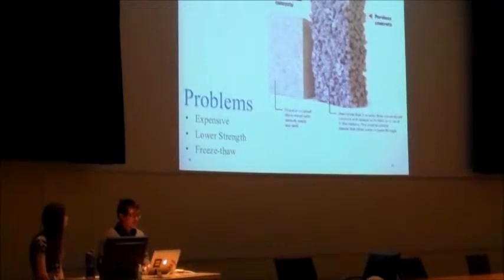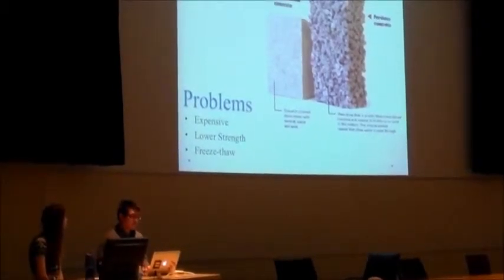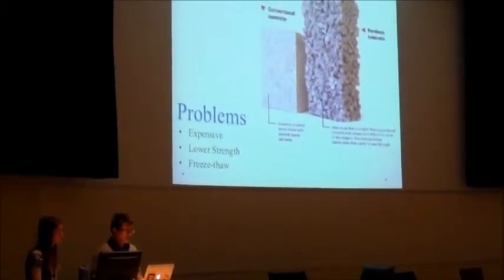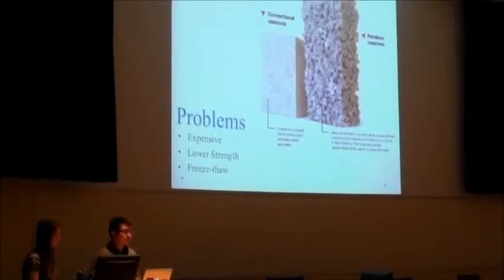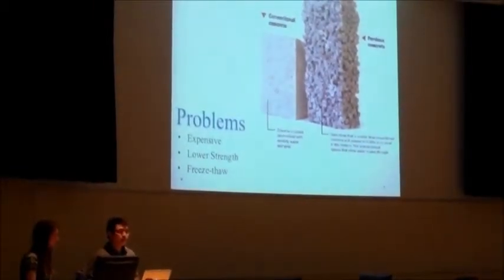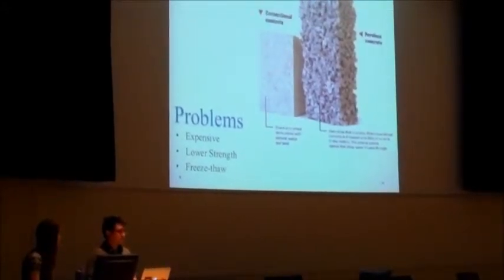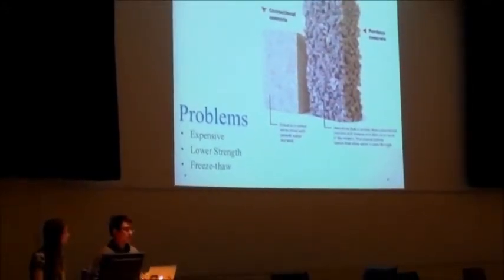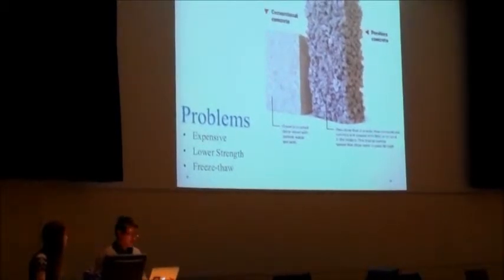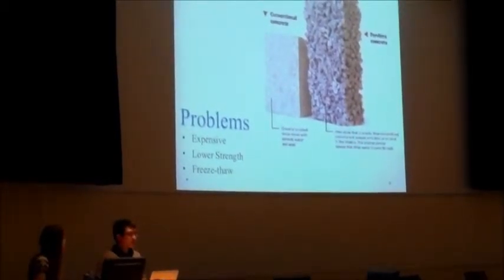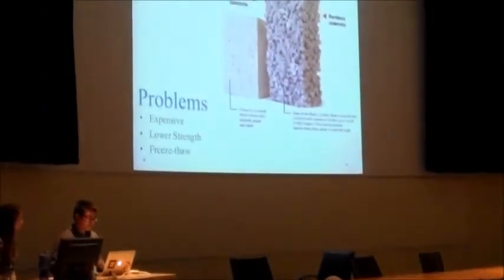But although this pervious pavement solution is good for stormwater management, it has issues. It's expensive, since instead of these particles being cemented with natural materials, it's now cemented together with polymers. And therefore it has lower strength, because these fine materials in conventional concrete are really important for strength.